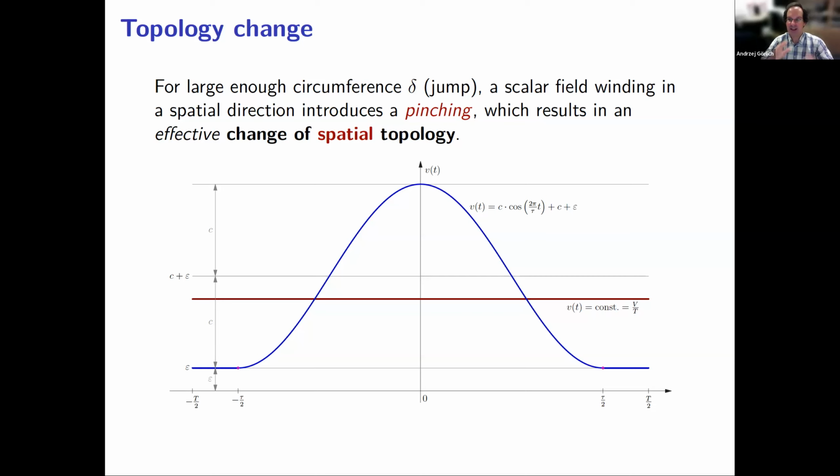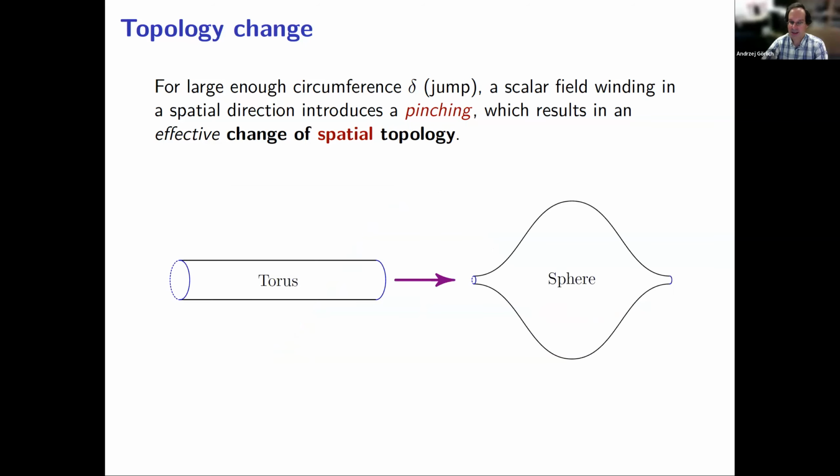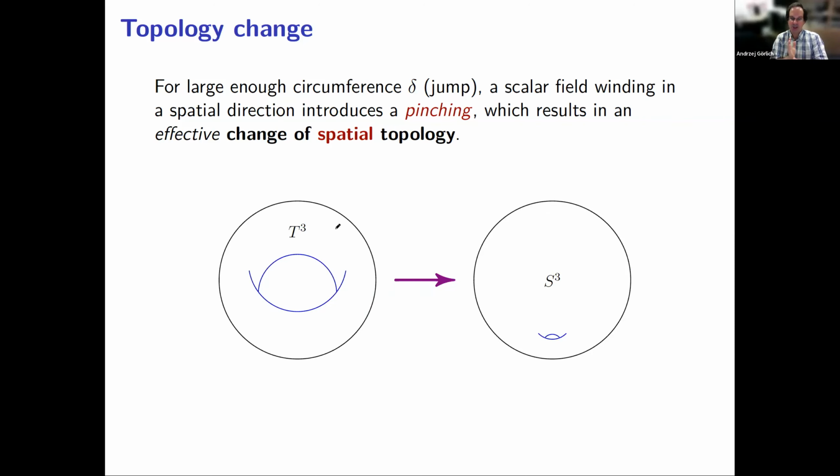So to repeat, a large enough jump or circumference of the target space of a scalar field winding in a spatial direction introduces a pinching in the spatial direction, which means that we effectively change the spatial topology from a toroidal one to a spherical one. We pinch it here, and we end up with something that effectively looks like a sphere.